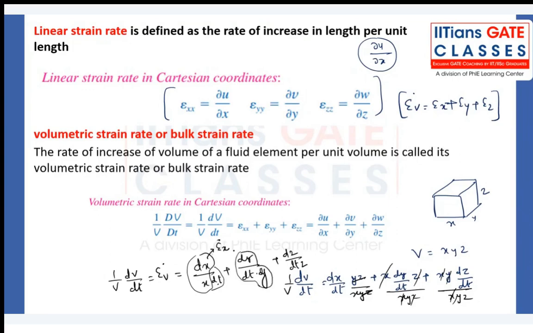And similarly, this will become strain in z direction. So altogether, when you combine, you will be getting volumetric strain rate in Cartesian system. Rate of increase of volume of a fluid element per unit volume is called volumetric strain rate or bulk strain rate.